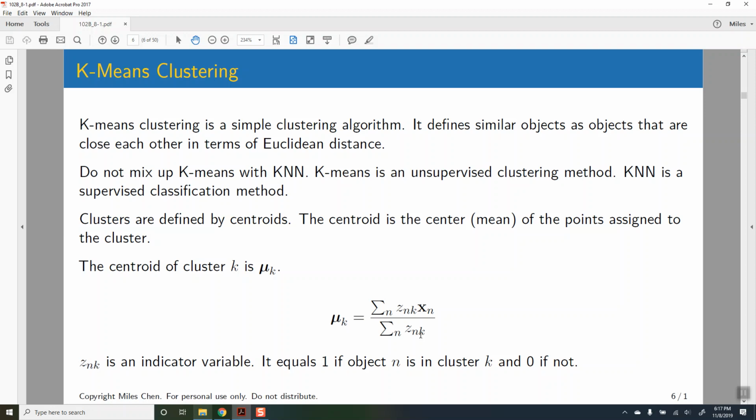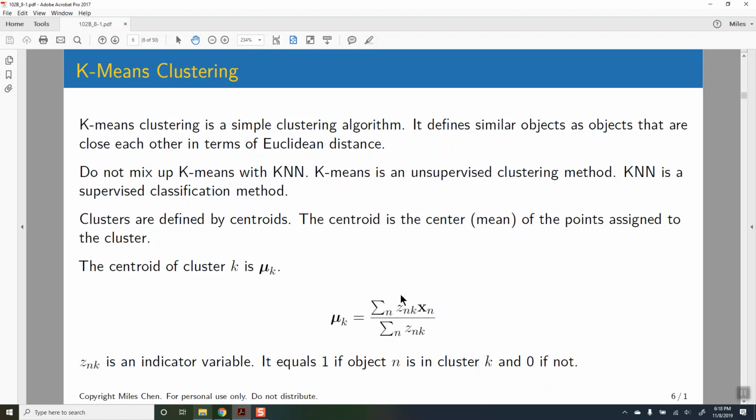And so for K-means clustering, usually the way we say objects are similar is based on their Euclidean distance. This thing looks crazy, but all this is basically saying is we're going to have some indicator variable z sub nk.